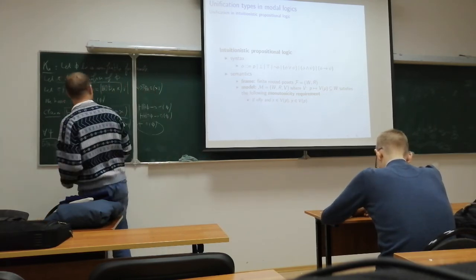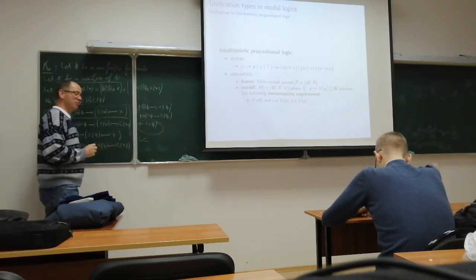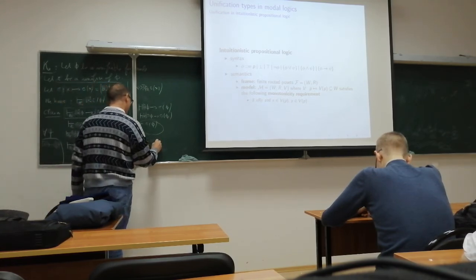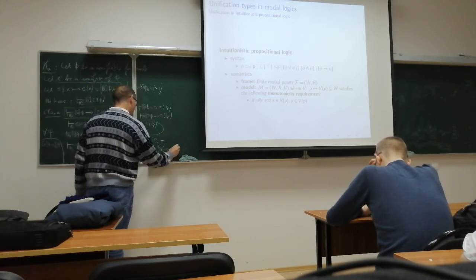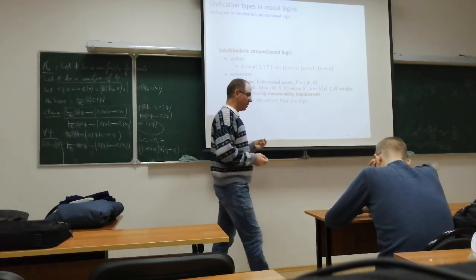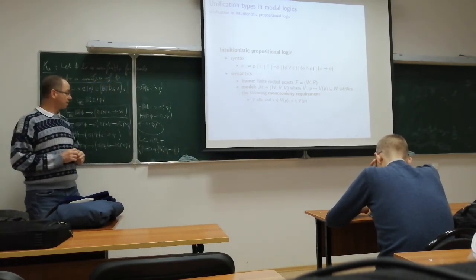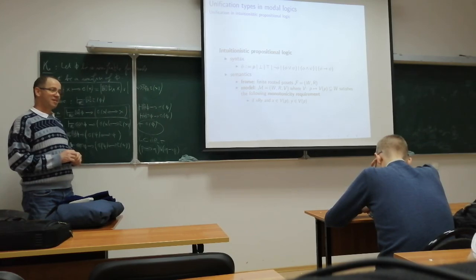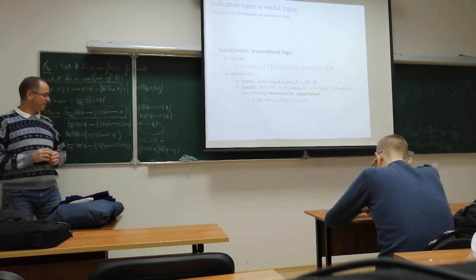For example, one result which is quite interesting is that the Gödel-Dummett logic LC, which is intuitionistic propositional logic plus P implies Q or Q implies P as a new axiom, and which corresponds in the Kripke frame to the linearity property of the ordering relation, is unitary, and all its extensions are also unitary. The extensions of this logic are also known, and they are all of them unitary.